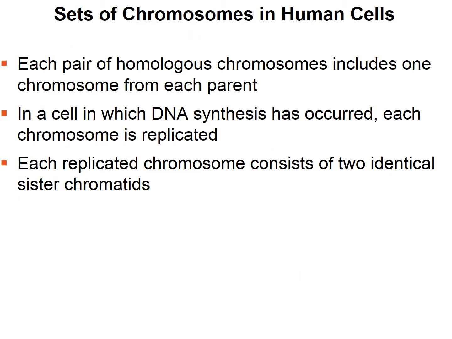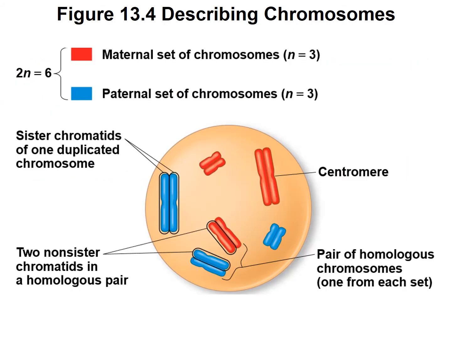Each pair of homologous chromosomes includes one chromosome from each parent. In a cell in which DNA synthesis has occurred, each chromosome is replicated. Each replicated chromosome consists of two identical sister chromatids. This is something we talked about last year. Figure 13.4 shows maternal chromosomes in red and paternal in blue.